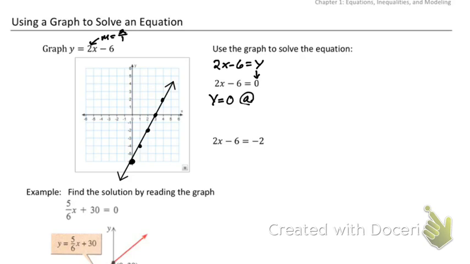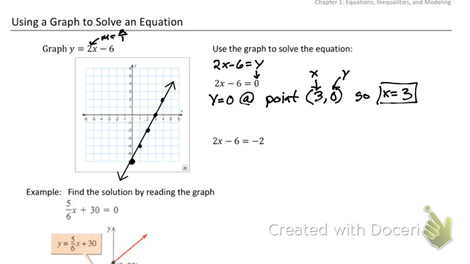Y equals 0 is right here. That's where my y value is 0. So y equals 0 at the point (3, 0). Once again, our x is 3, our y is 0, and so 2x minus 6 equals 0 where x equals 3. So the solution to this one is x equals 3 by just looking at the graph.